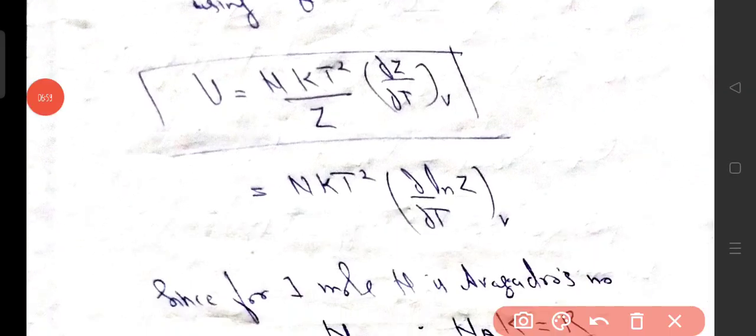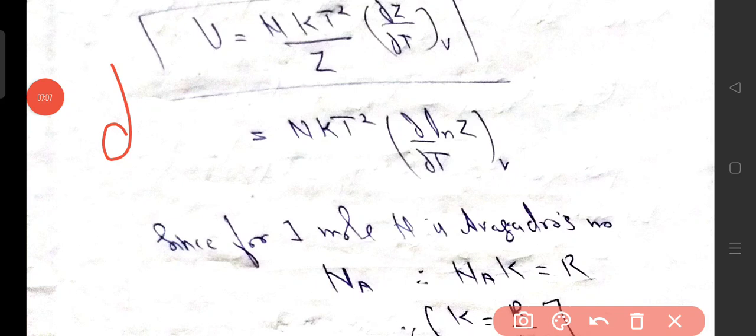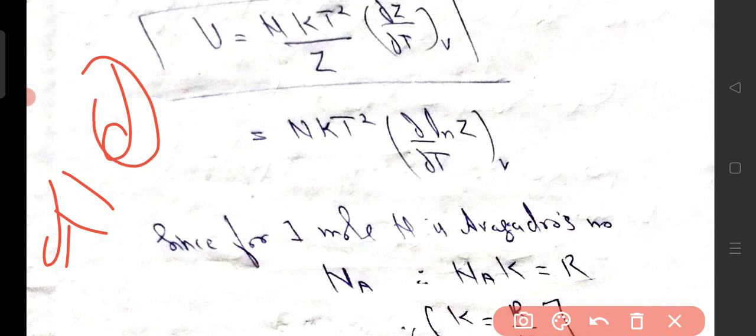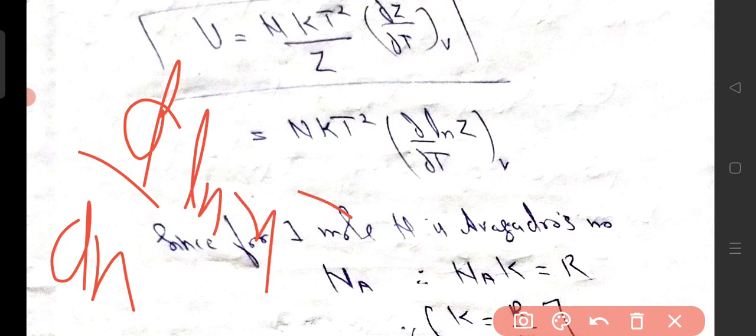Finally, this is another mathematical process. Let us see. If you have dou divided by dou T, where dou is the partial derivative, or in simple manner I can write d divided by dx of ln x, the result is 1 over x, right?